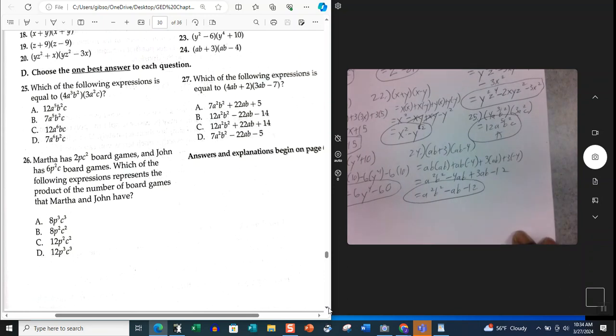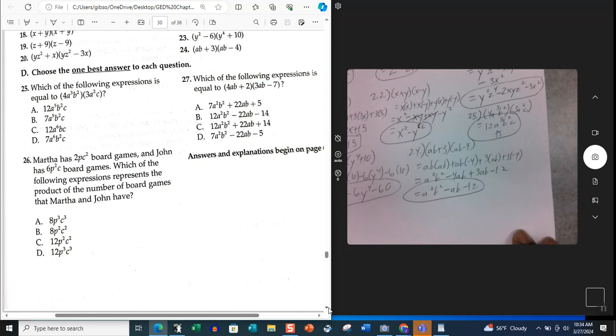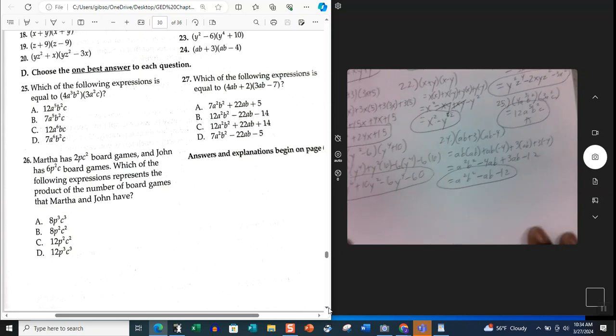Okay, now we go here to 26. Martha has 2pc squared board games, and John has 6p squared c board games. Which of the following expressions represents the product of the number of board games that Martha and John have? Now remember, product means multiplication.